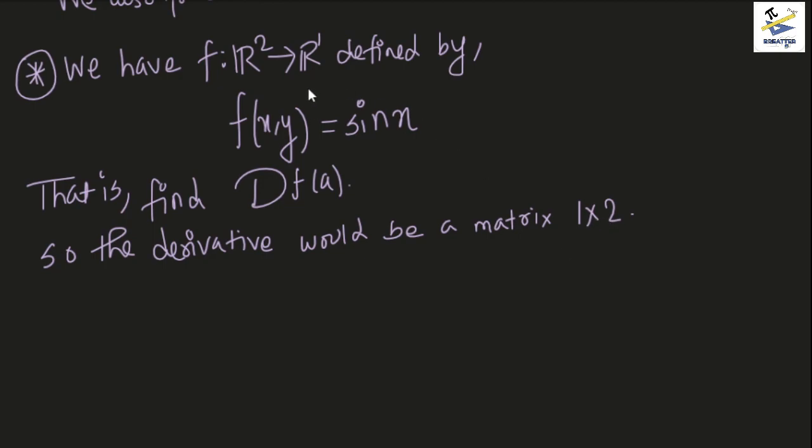Whenever you have a function from R^n to R^m, the derivative is a linear transformation, and the matrix of the linear transformation would be an m cross n matrix. So here it's a 1 cross 2 matrix, which just means 1 row and 2 columns.